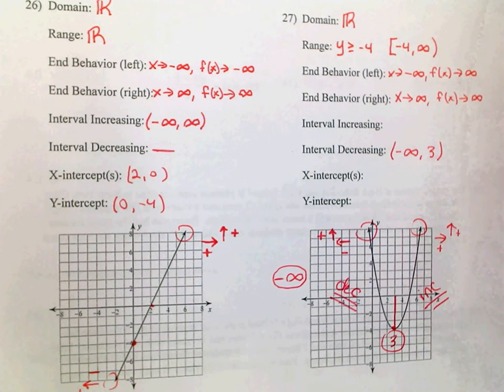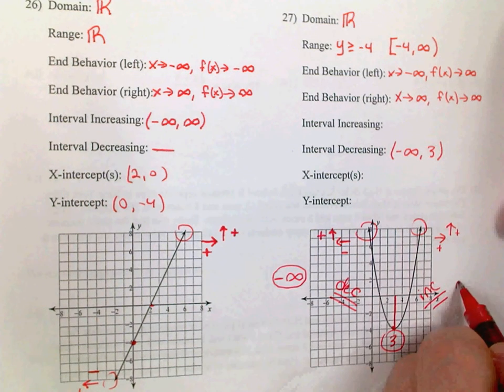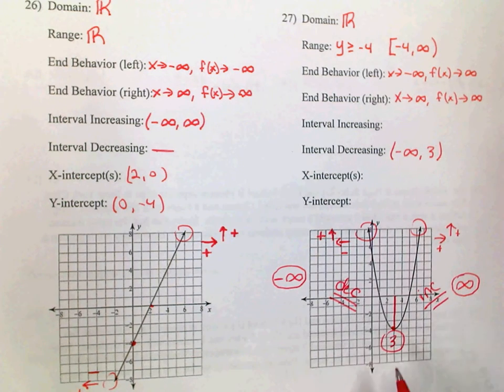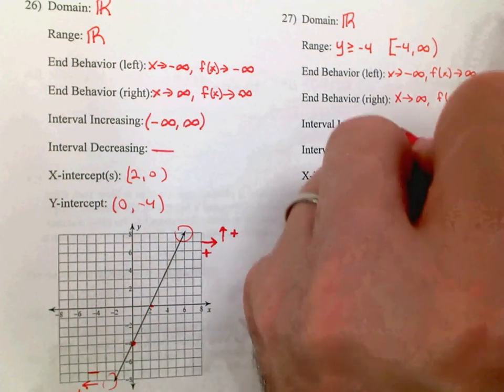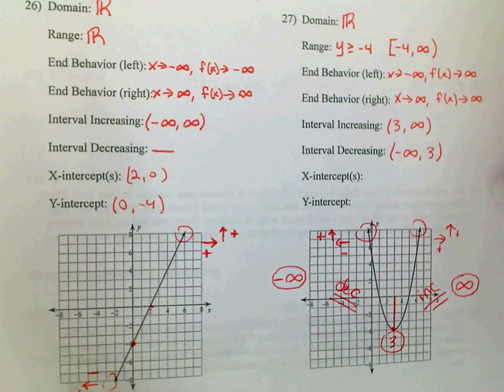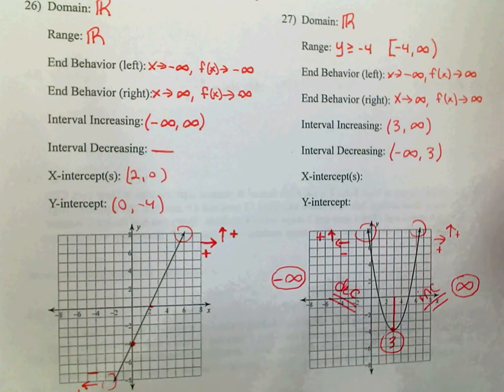Once you hit 3, you begin to increase, and you will continue to increase to the end of the book. The end of the book is positive infinity. So anything from 3 to positive infinity, we would say we're increasing. No, 3 is not included, because technically at 3 you're neither increasing nor decreasing, so it wouldn't be included in either technically.